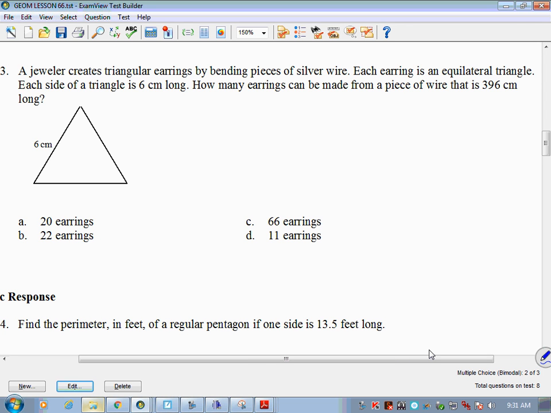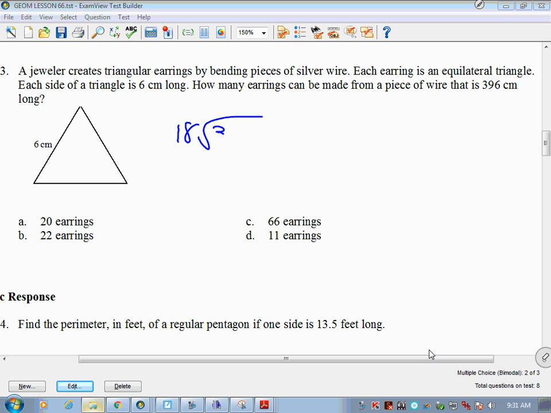What do I need to do with 6? Multiply by 3 to find the perimeter, or the total length of each earring, right? What's 6 times 3? 18. So I know that if I unbent each earring, it would be 18 centimeters of wire. What do I want to do with 396? Divide it by 18.